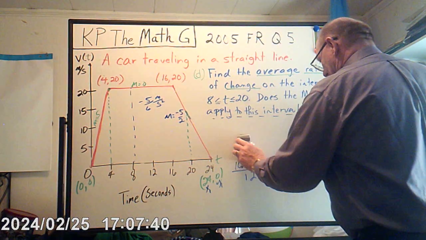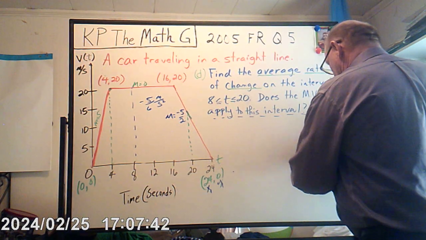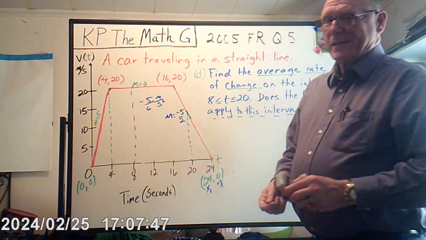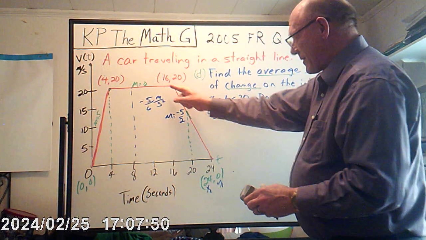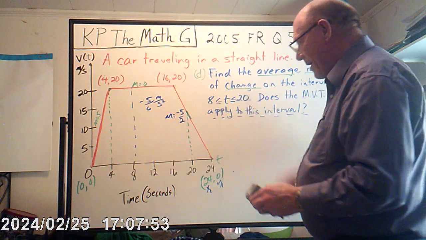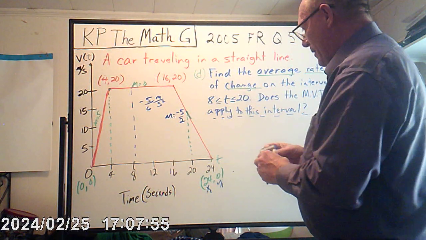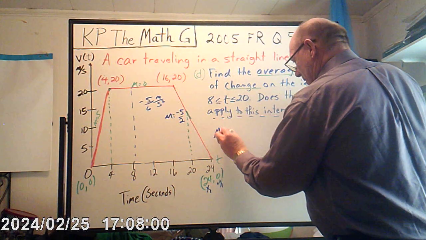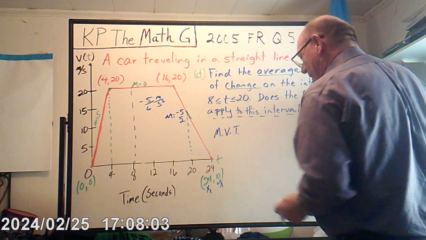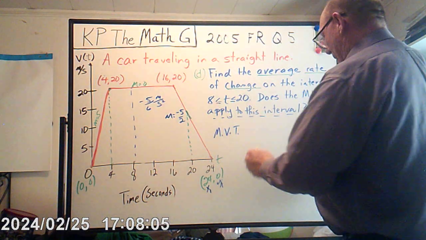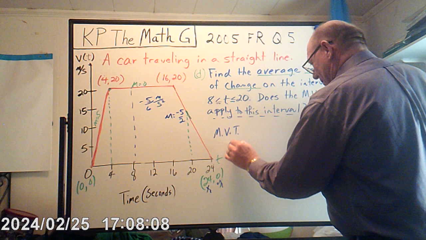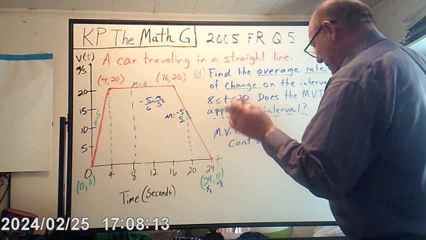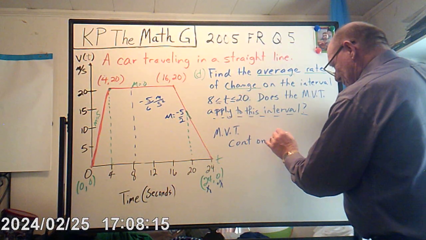But the deal is that there is a sharp corner here, and that's why I just pointed that out. If you notice, 16 is between 8 and 20 on the open interval. Now let's review the rule for the mean value theorem. We've got to remember, it's continuous on the closed interval.